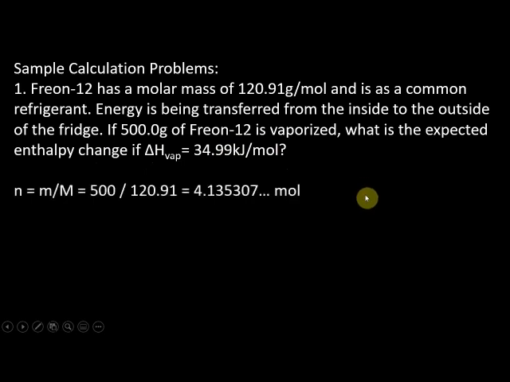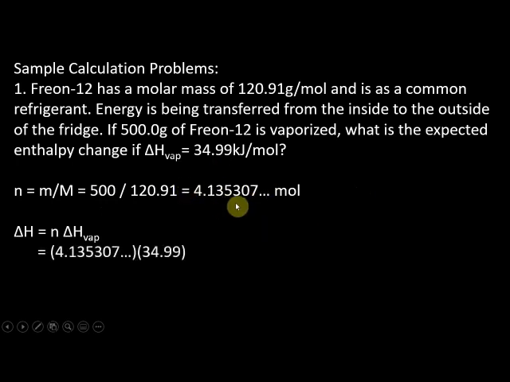All right, so how do we figure this out? First of all, we need the number of moles. All right, so if we look at Freon, it has the molar mass of 120.91 grams per mole. Mass divided by molar mass gives us our 4.135307, a bunch of decimal places, moles. Our enthalpy change is going to be the number of moles times the molar enthalpy of vaporization for Freon.